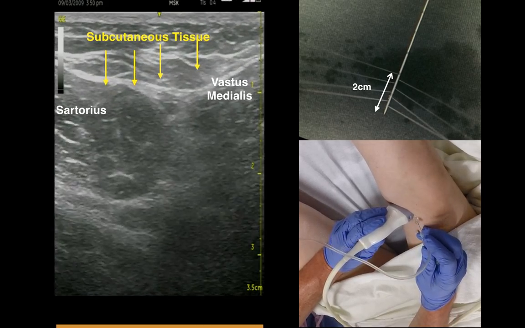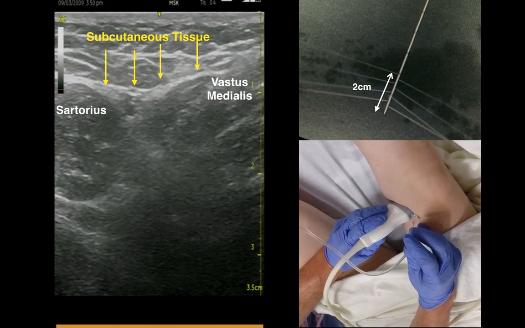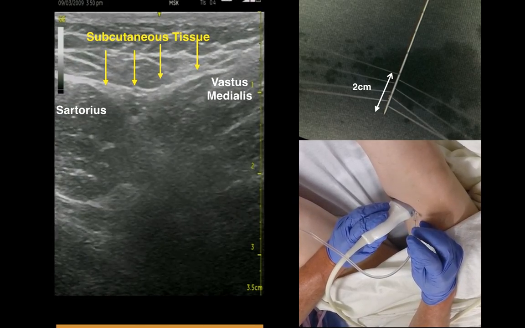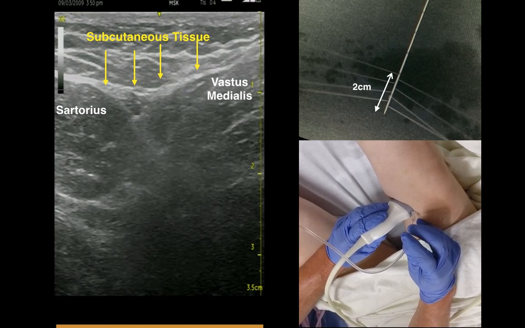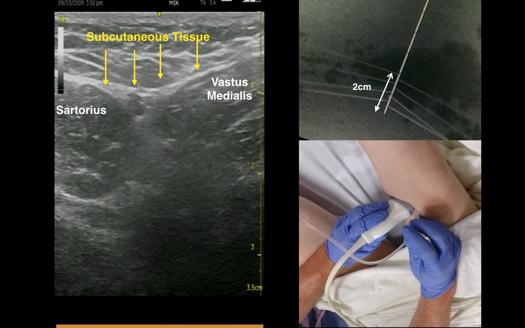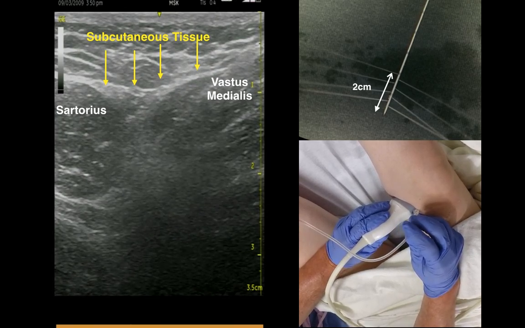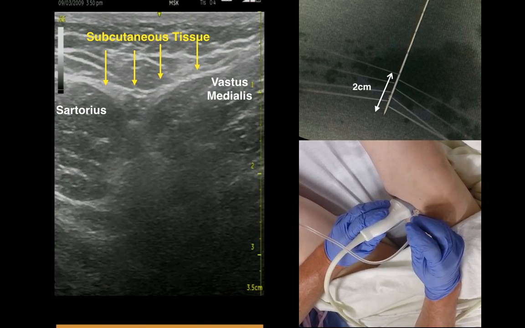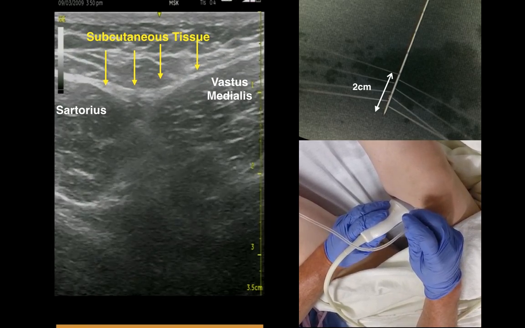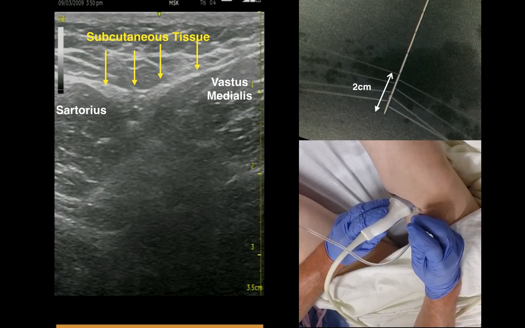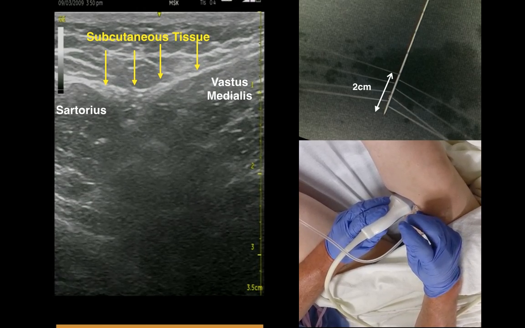After injection, there is extensive local anesthetic distribution within the fascial plane between the vastus medialis and sartorius, as well as within portions of the vastus medialis and sartorius muscles which border this space. Thus, there is reliable block of both the saphenous nerve and accompanying nerves from the adductor canal.